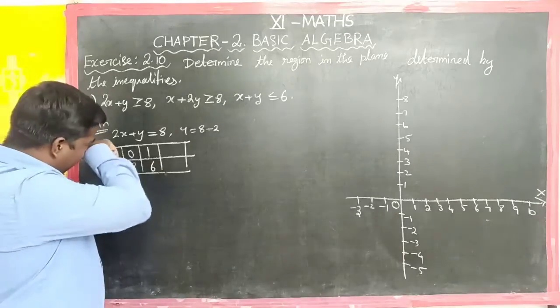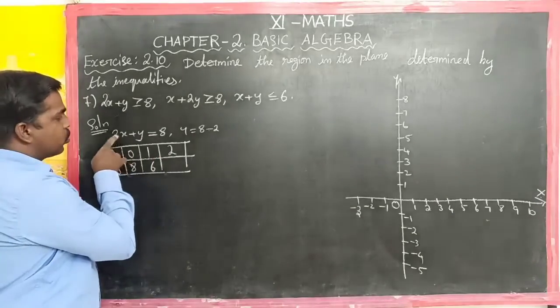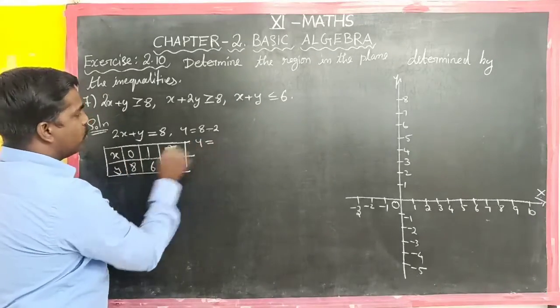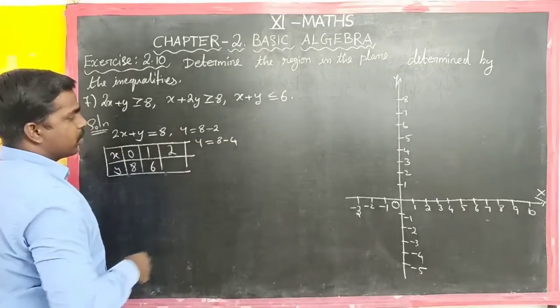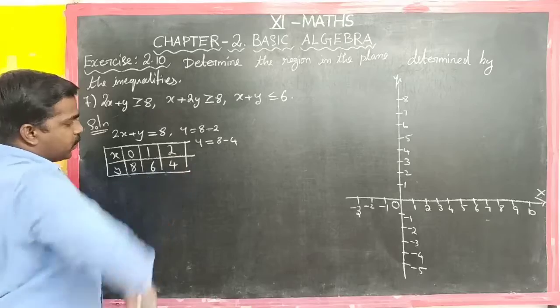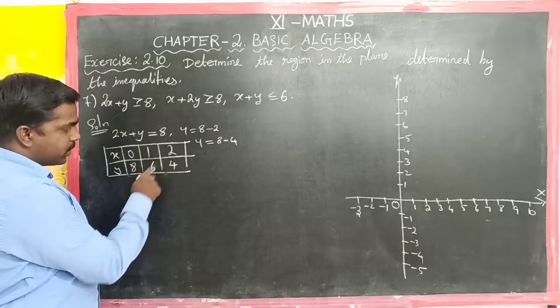So next we will give x is equal to 2, 2 2s are 4, then y is equal to 8 minus, if you take right hand side it becomes minus 4. 8 minus 4 is 4. So we have 3 points, 0, 8, 1, 6 and 2, 4.